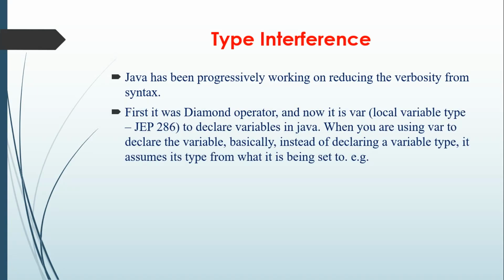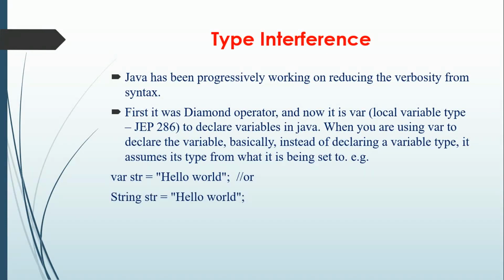When you are using var to declare a variable, instead of declaring a variable type, it assumes its type from what is being set. For example, var str = "hello world". Here we do not define the data type of str, but it will be var type, and var type is automatically compiled as a String type.